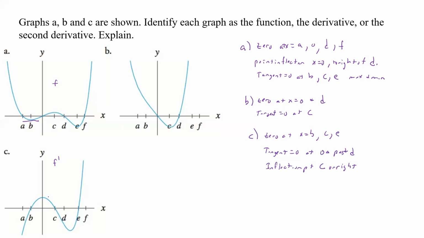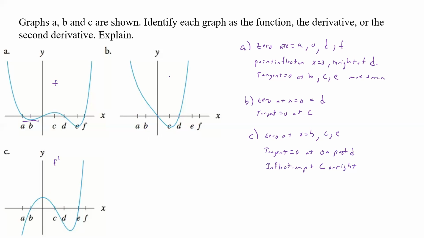We need to have a 0 at 0 and a 0 past D. Well, here's a 0 at this, and here we have that. So that doesn't work so well. Let's see. We have a 0 here, so that would be a 0, and 0 past D. Oh, okay, I think what they're doing is they're going to call that the 0 here, so it's off a little bit. So maybe that's what that is.